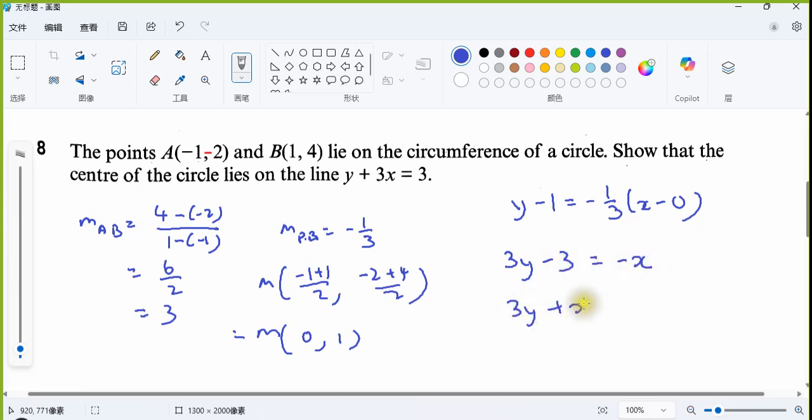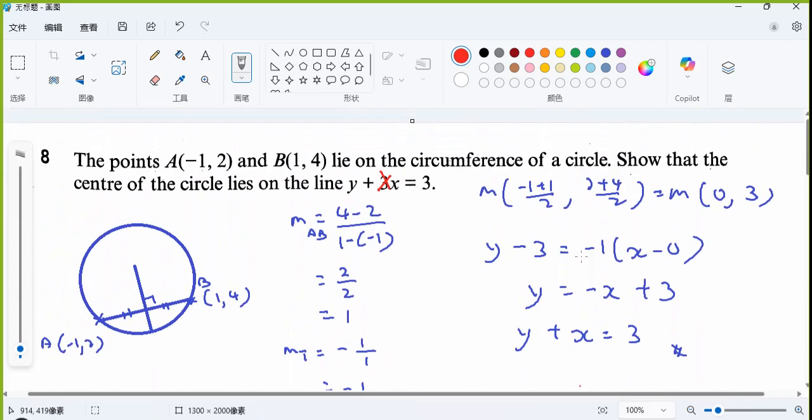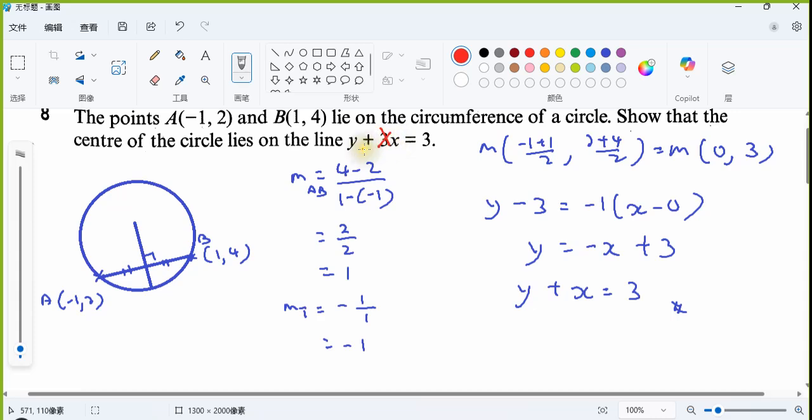Then 3y plus x equal to 3. Okay, we still cannot get the same answer. So I think it's a typo here. It should be y plus x equal to 3.